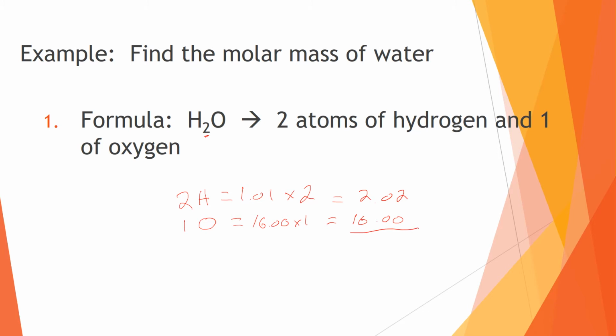So the atomic molar mass of 1 mole of water would be 18.02 grams per mole of water. So again, I could measure out 18.02 grams of water, and I know that I have a mole of water in there. 6.02 times 10 to the 23rd molecules of water in 18.02 grams.